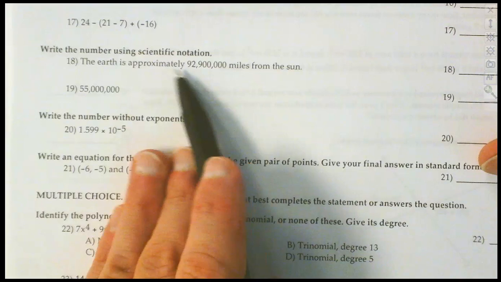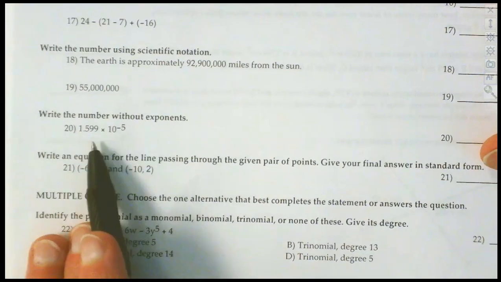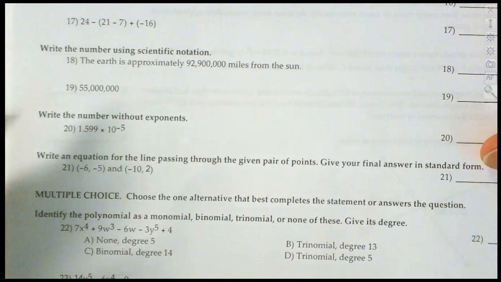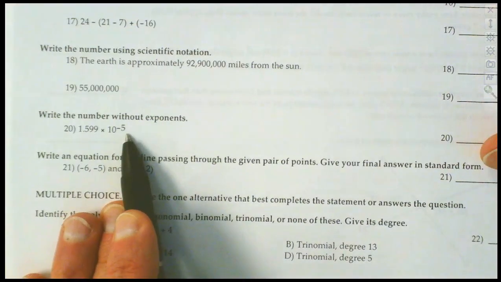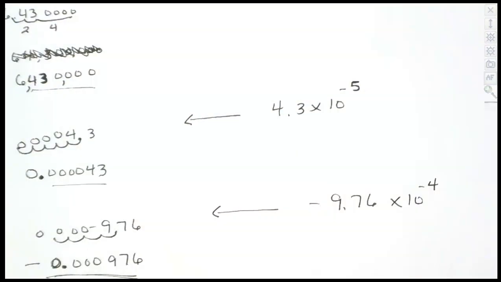So you just move them over and make sure it's 1 digit and then the decimal. And 20 is the same way. All you need to do is rewrite this as a decimal. So those are 3 questions that you should not miss on your final. They're very, very simple, easy questions to work through.